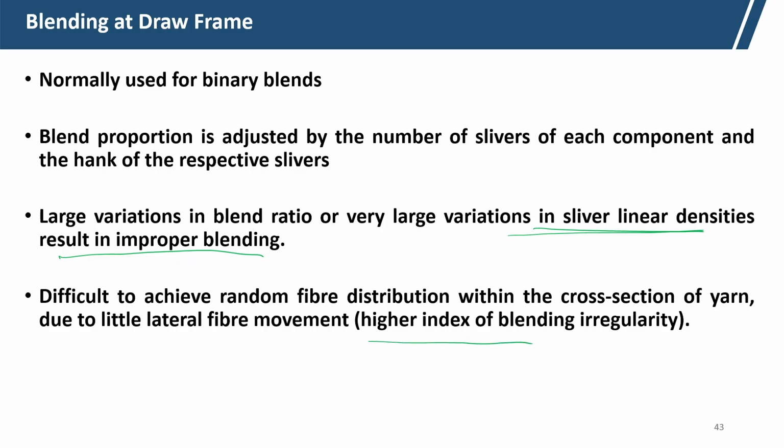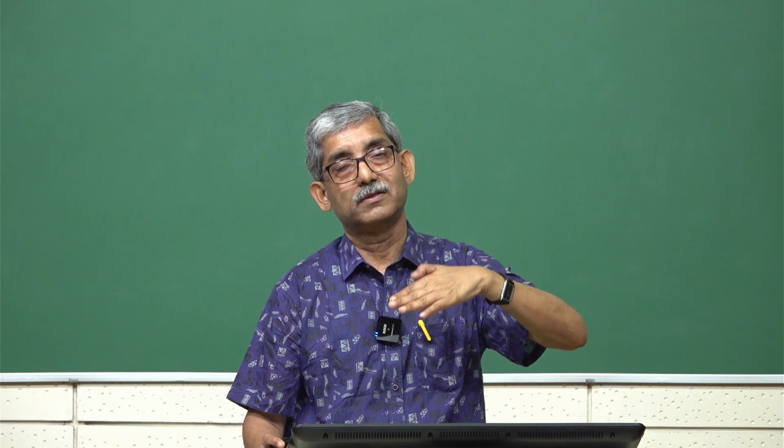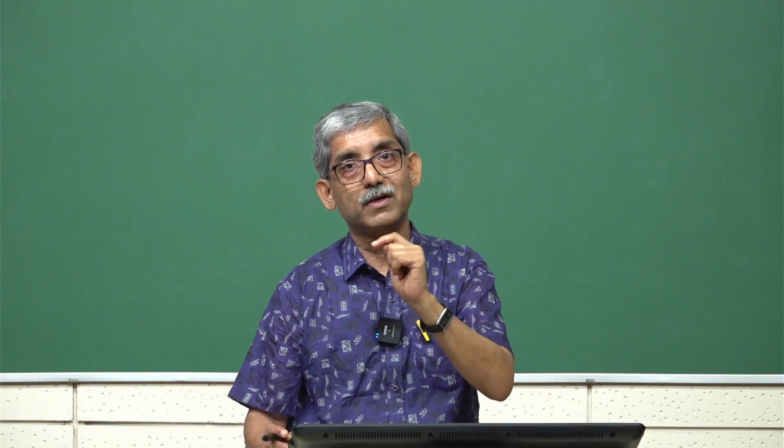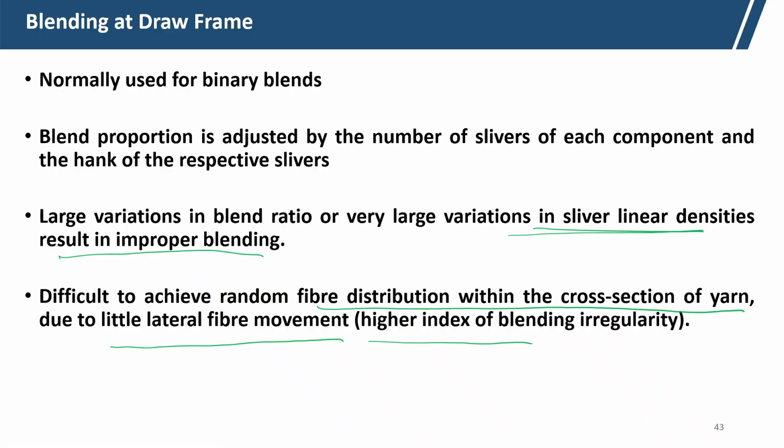Due to lack of lateral fiber movement, it is difficult to achieve random fiber distribution within the cross section of the yarn. In blowroom and carding, there may be some lateral movement of fibers from one surface to another, but here the fiber moves longitudinally. So, lateral movement is not there, or it is very little.